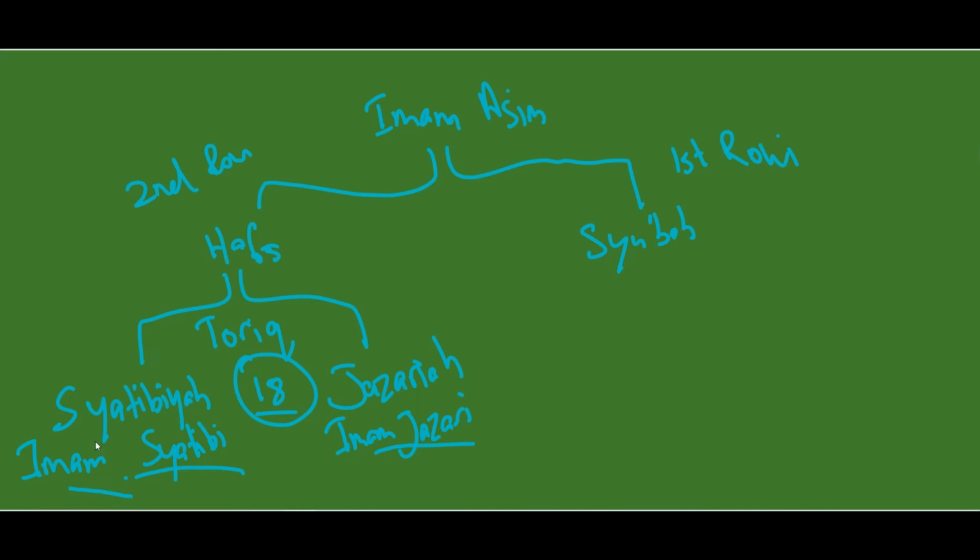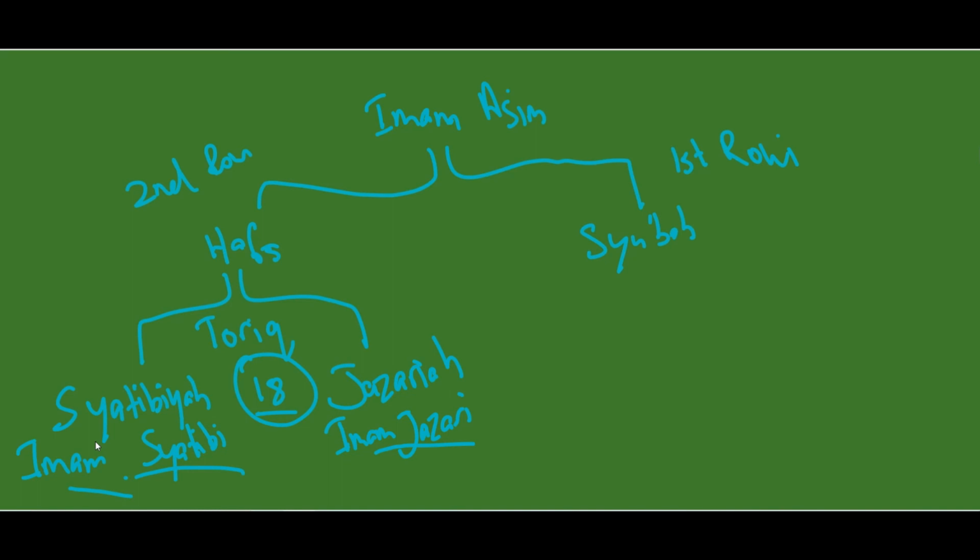Because concurrently when you learn the Shatibiyah way, you are learning the Jazariyah way, because they only differ at 18 places in the Quran itself. So when you learn Shatibiyah, you just need to learn these 18 places.